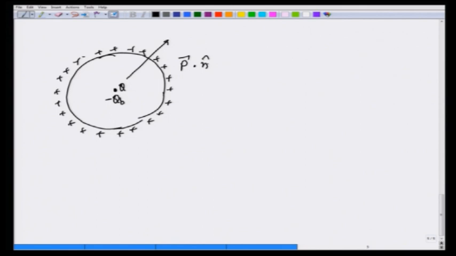In this case if you plug in the value of P, it comes out to be q over k minus 1, which is chi e r square, is equal to sigma.